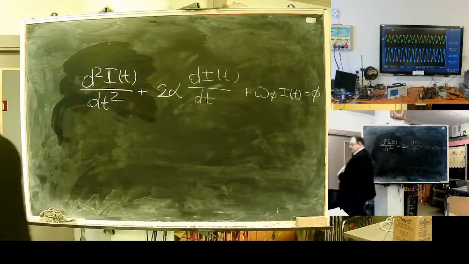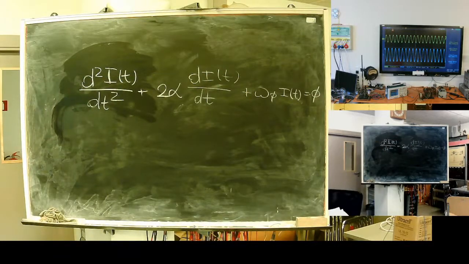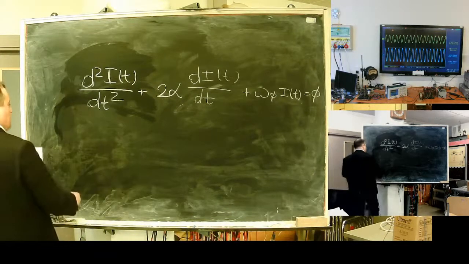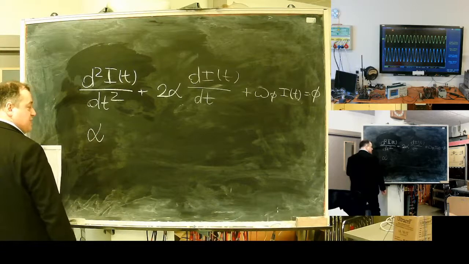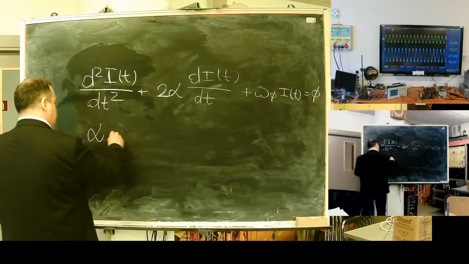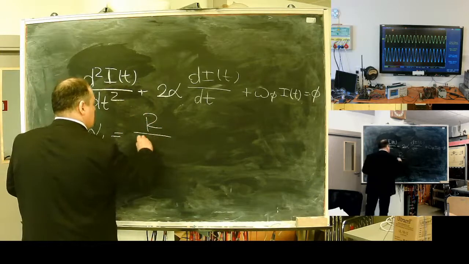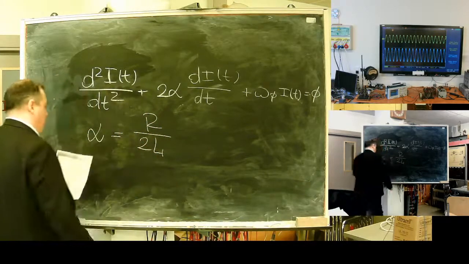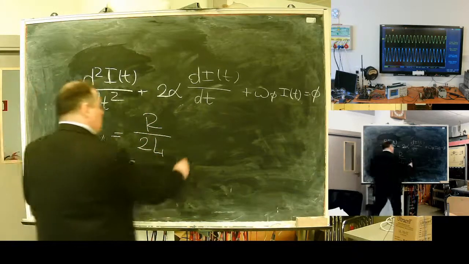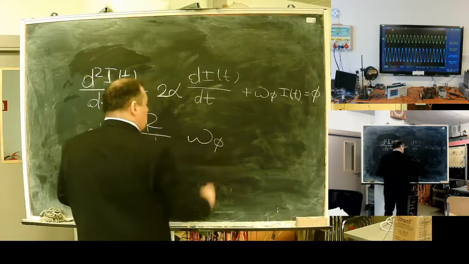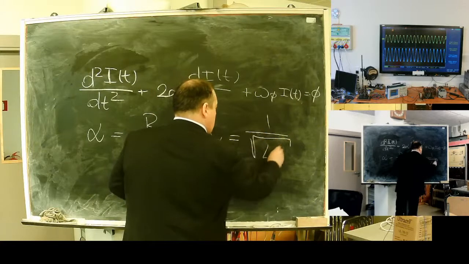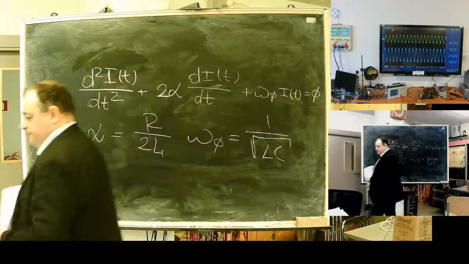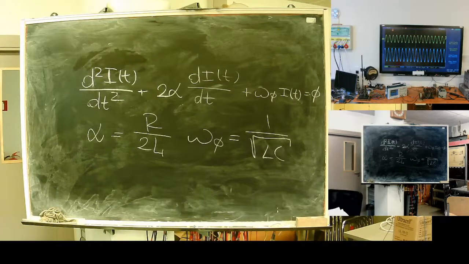This equation describes the free component. Here the introduced alpha is a decrement. It equals R divided by double inductance. And omega 0 is the frequency. It's a parallel resonance frequency.